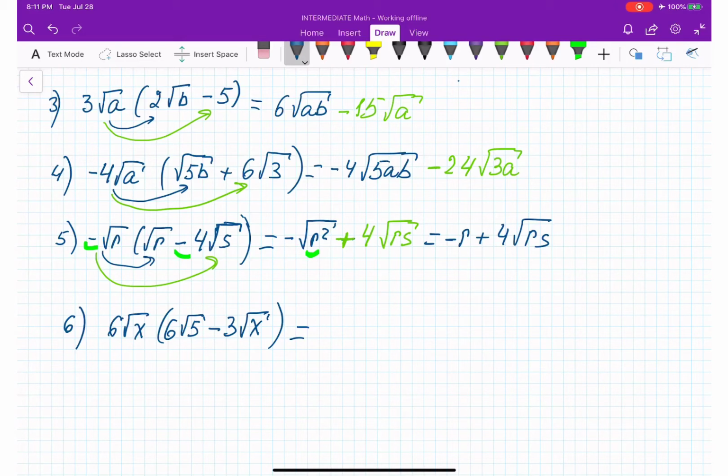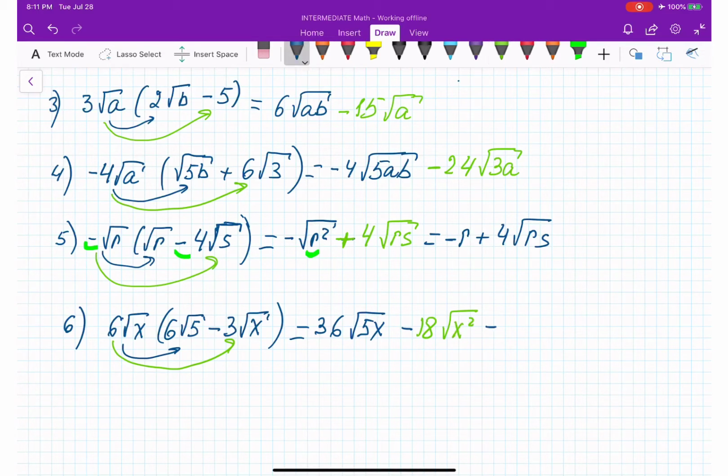Okay, 6 square root x times 6 square root 5, it's going to be 6 times 6 is 36, and square root x times square root 5 is square root 5x, minus this term times this, 6 times negative 3 is negative 18, and square root x times square root x is going to be square root x squared.